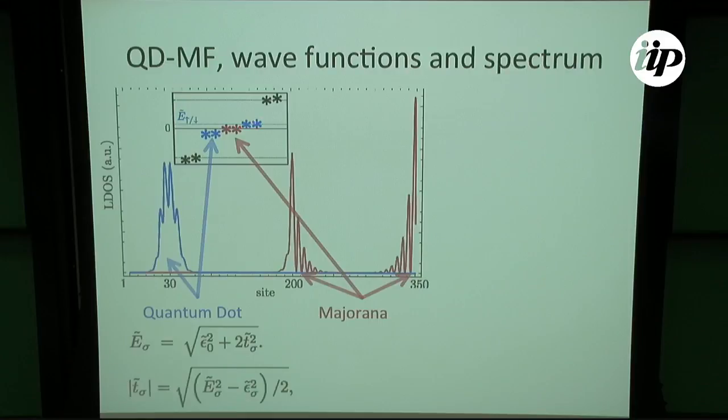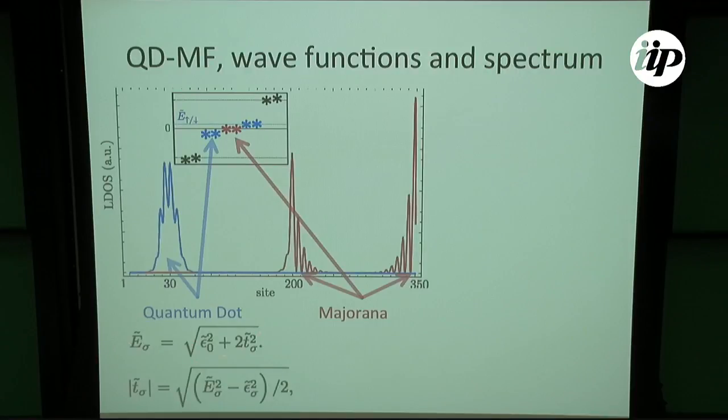And the up and down states on your quantum dot are roughly degenerate. So you know you're in the regime where the size of the dot is, let's say, larger than the spin-orbit length.